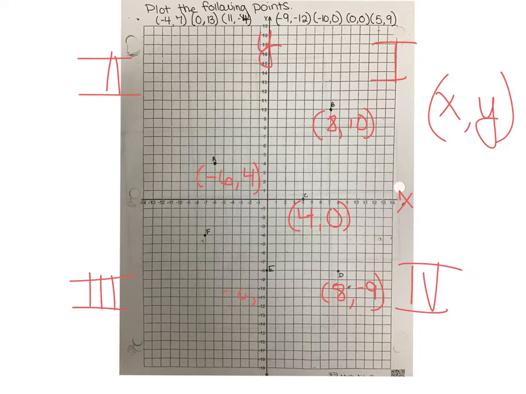Let's fix that. It is 0, -8. So this one's on the y-axis, 0, -8. The x coordinate was 0. So F, we have -7, -4, in quadrant 3, both negative. Make sure you have that all filled in on your paper.